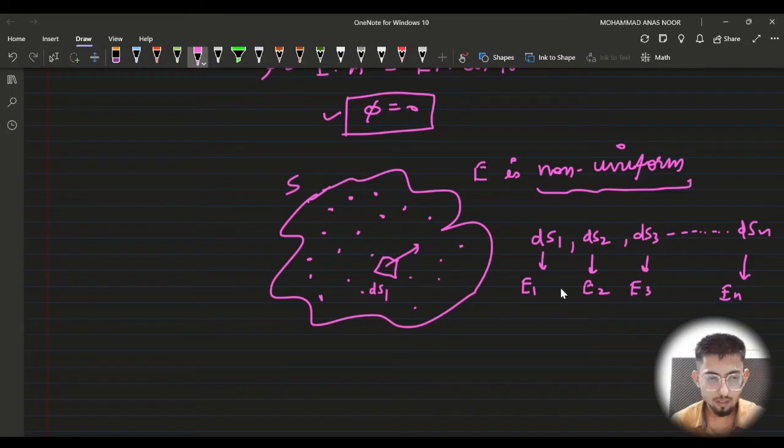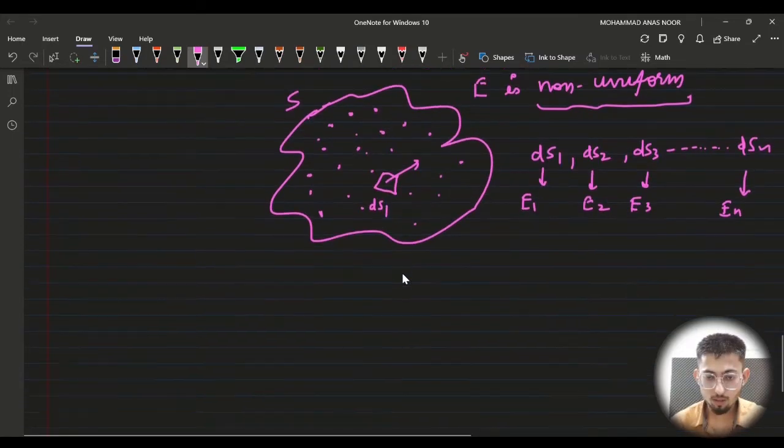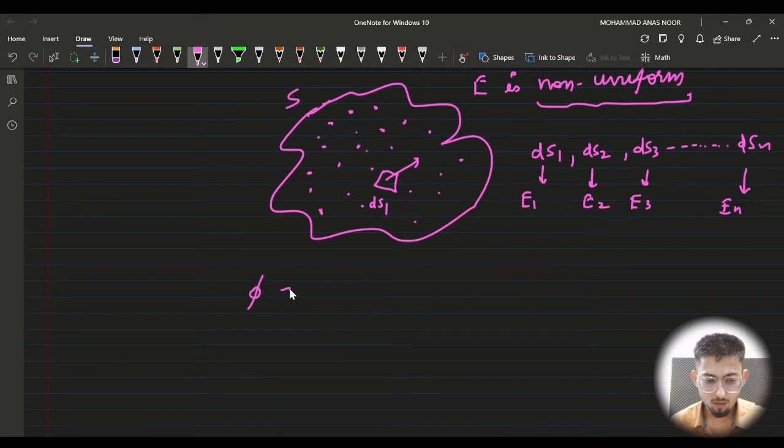And why we took this ds as a very small, minute area: the electric field at every point can be assumed only when the area is very small. Now in this case what a normal person would do is, let's just add the flux due to each one of these small areas.